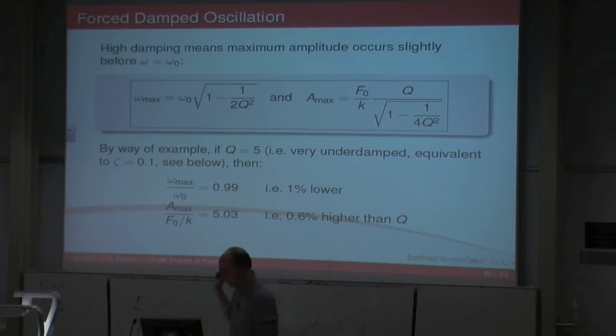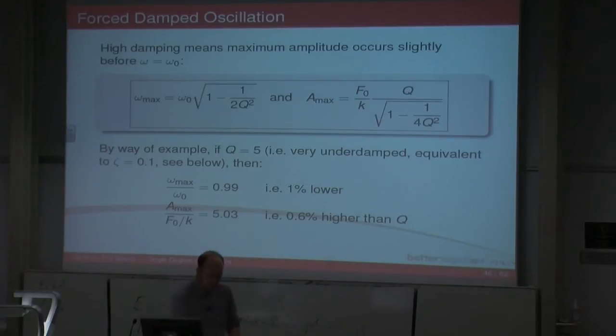And that's with Q equals 5, a really underdamped system. Most systems, we can assume it's more or less the same. Don't worry too much about it. It's here for completeness.